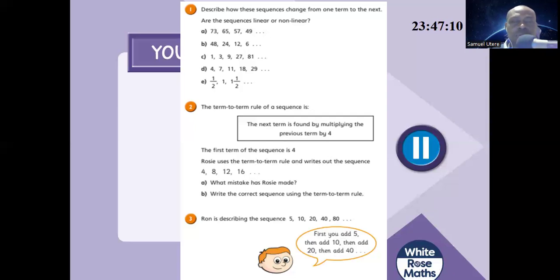So the first one, we're told, describe how these sequences change from one term to the next. And then after you describe that, you need to state whether they are linear or non-linear. So we'll just check a few of them.